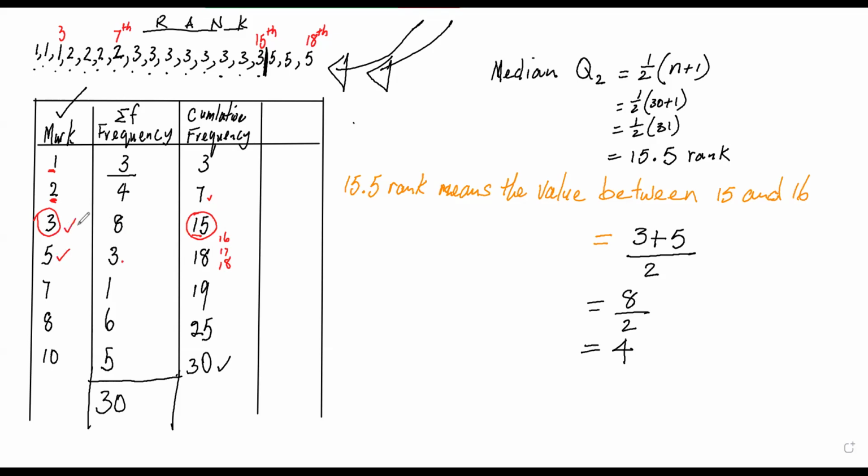So it is 3 plus 5 divided by 2, which gives 4. So the median for this answer, Q2, is equal to 4.